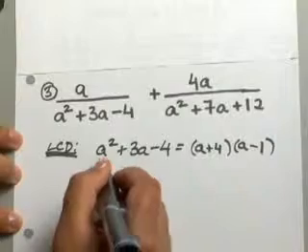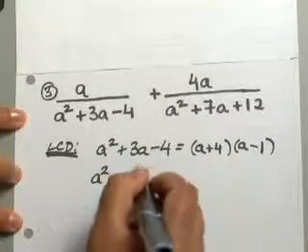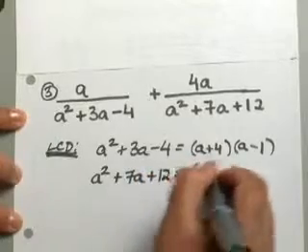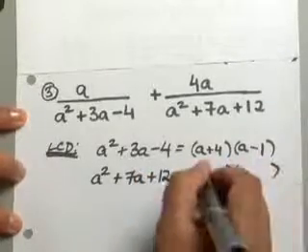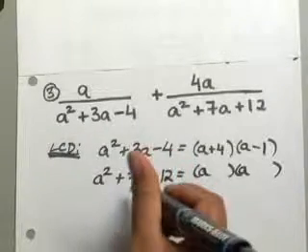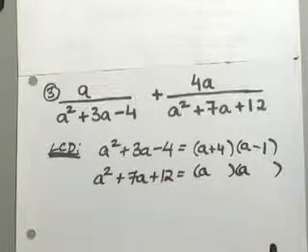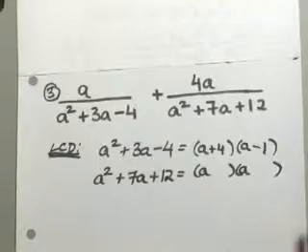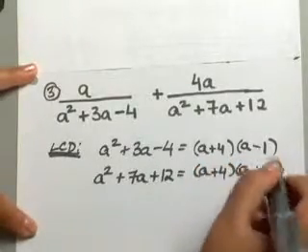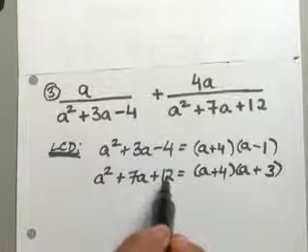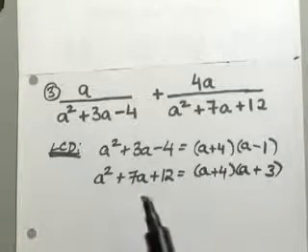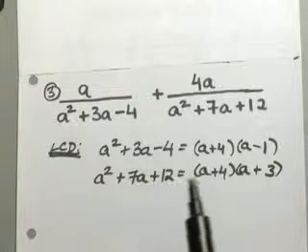So we'll do the same thing for our second denominator, a squared plus 7a plus 12. Factor it first. So again, your leading terms will be a, and then factors of 12 that will add to give us 7 will be 3 and 4. Positive 4, positive 3. Product is positive 12, and when you add the two together, your sum is 7.